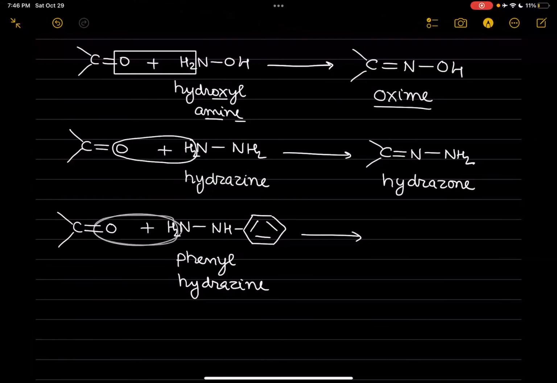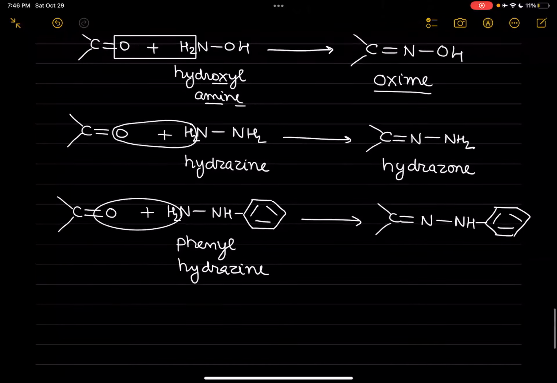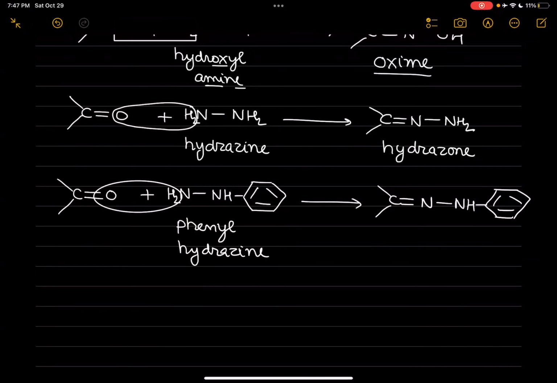And water is going to get removed. What are you going to get over here? The upper one was hydrazone. This is phenyl hydrazine.